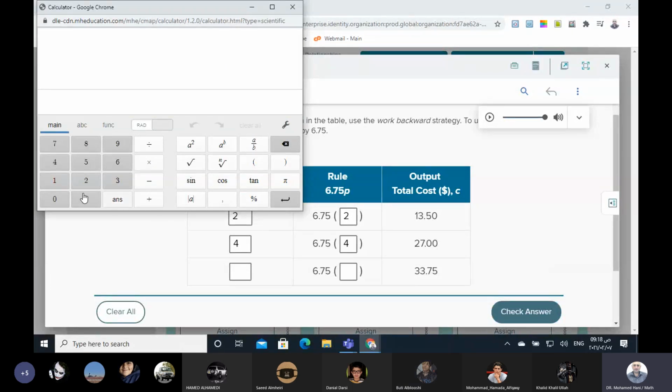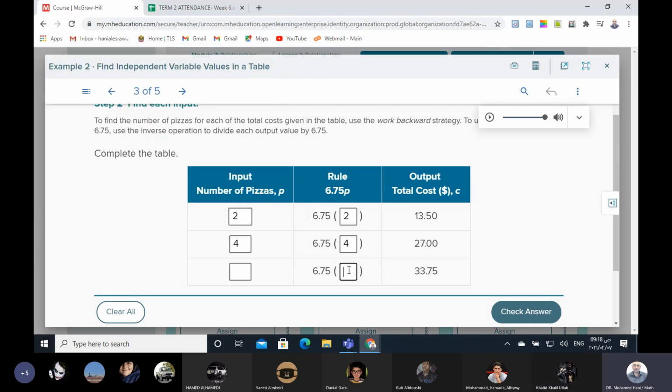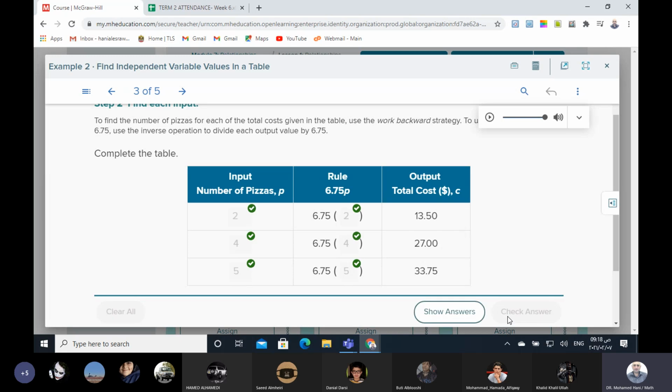We have here 33.75 divided by 6.75. So the answer will be 5. So the input here will be 5. Great work for all. Thank you.